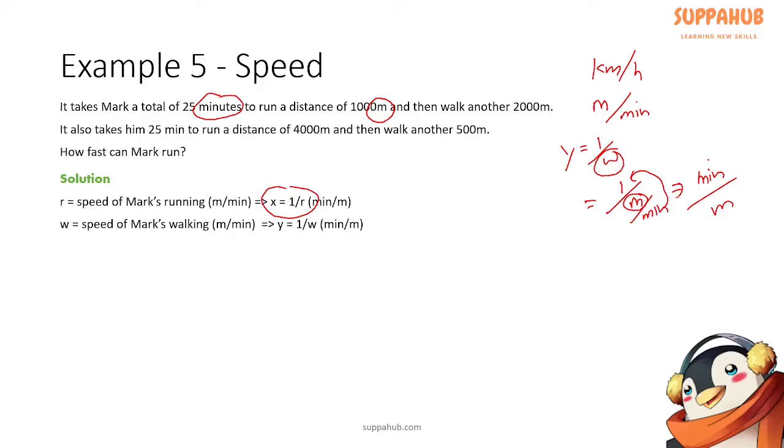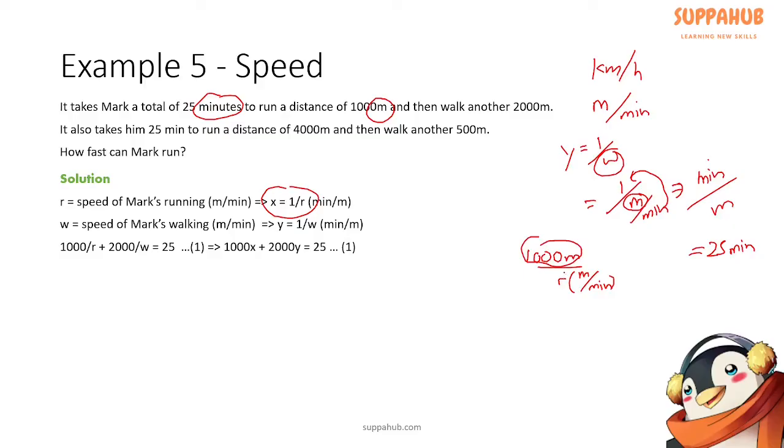So why is it minutes per meter? Why do we need to do that? Because you can see the first equation is 1000 meters. When you divide the distance by the speed, you get the time, because you want 25 minutes here. Down here the unit is meters per minute, so the meters will cancel and the minutes will go on top.